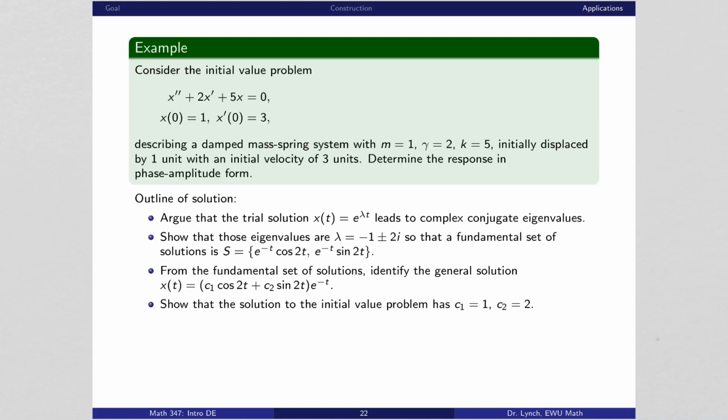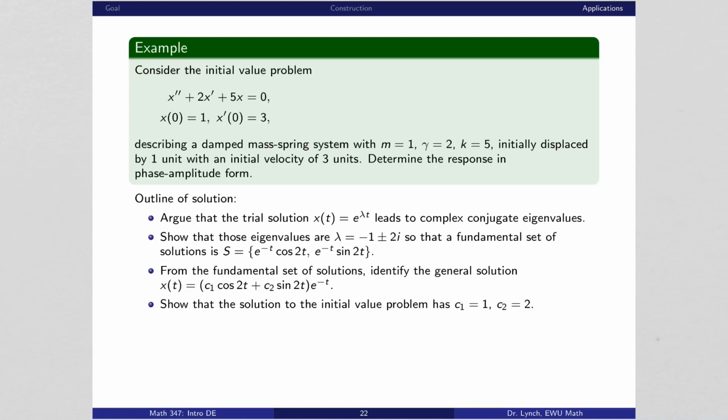Again, you can think of this as a damped mass spring system where the mass is given by 1, the spring constant is given by 5, and the damping constant is given by 2, displaced by 1 unit and given an initial velocity of 3 units. Okay, so I won't go through the solution in gory detail, but I'll go ahead and outline what you would do.